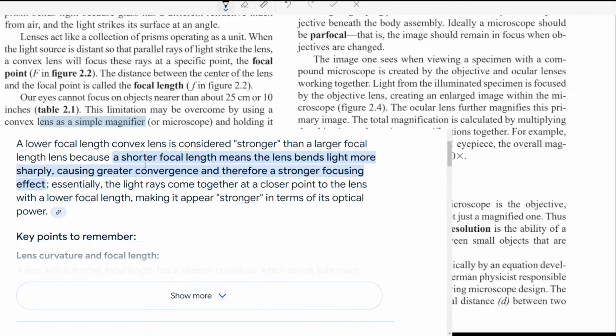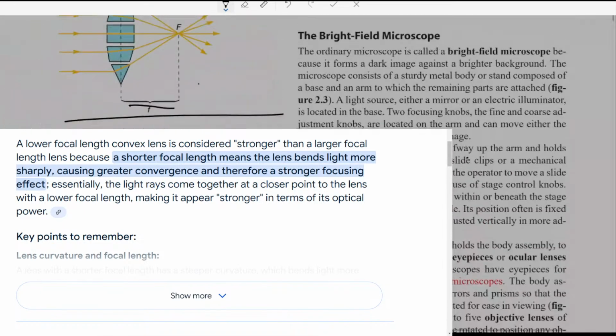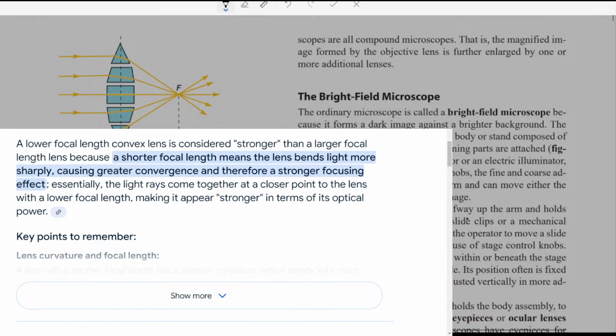Right. Because shorter focal length means the lens bends light more sharply, causing greater convergence and therefore a stronger lens. Guys, sorry for my weak brain. I completely forgot they were talking about this small. For smaller I get it, for longer I didn't get it. If it is near, then it will bend more sharply, like this.